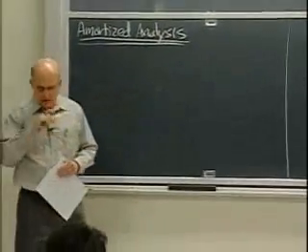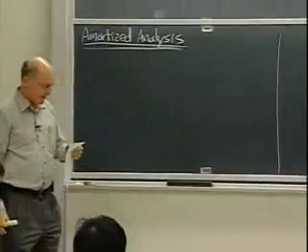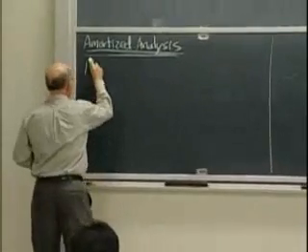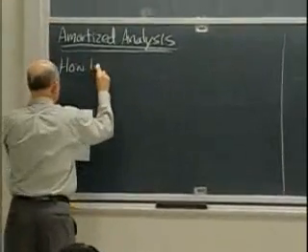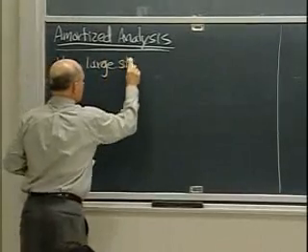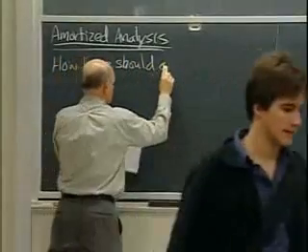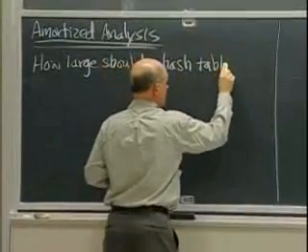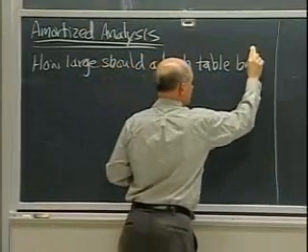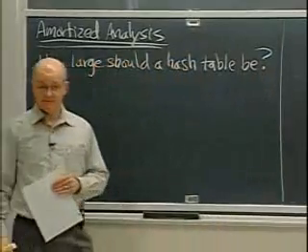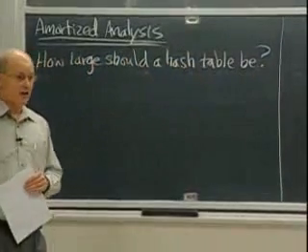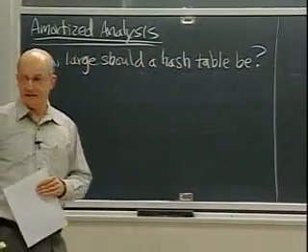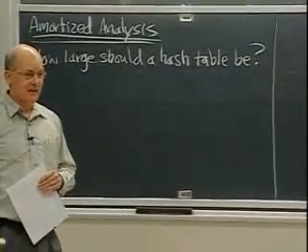And I want to motivate this topic by asking the question, how large should a hash table be? So how large should a hash table be? Anybody have any suggestions? Got to make a hash table.